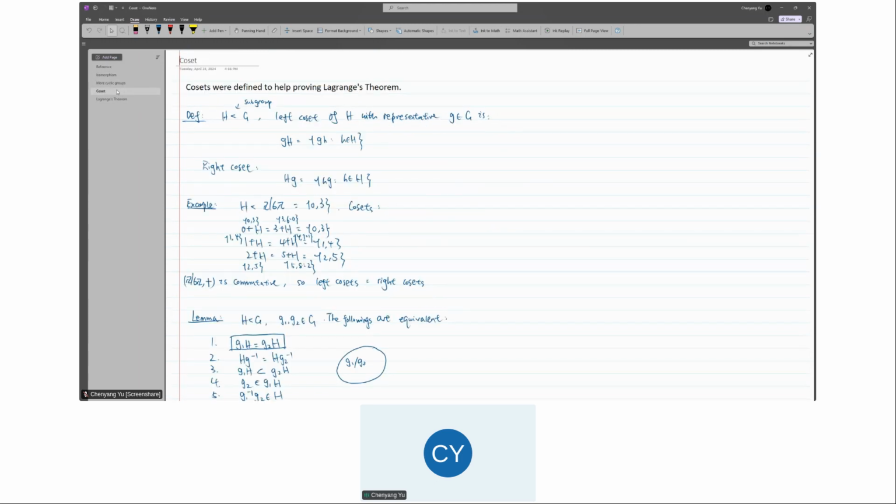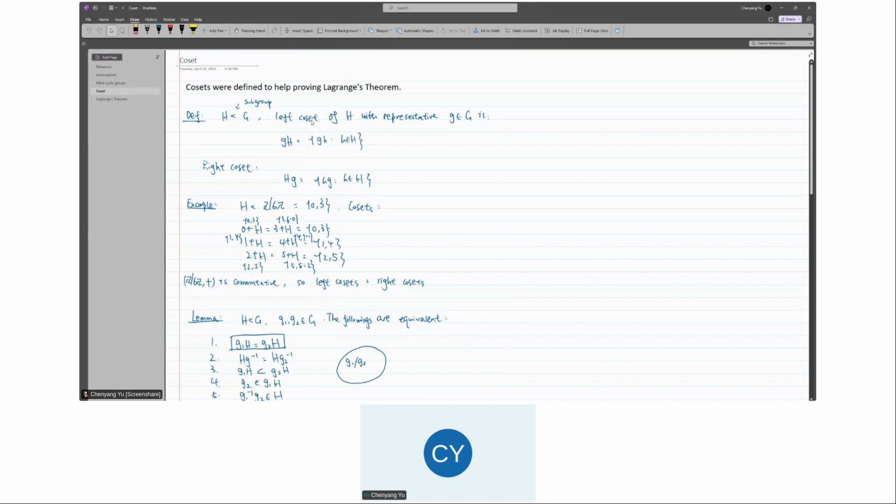The other important thing before I show you Lagrange's theorem is the coset. This is also a pretty confusing concept for a first course in group theory, so we cover it here.